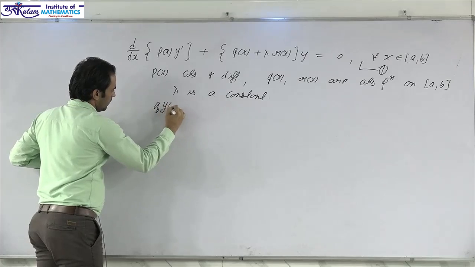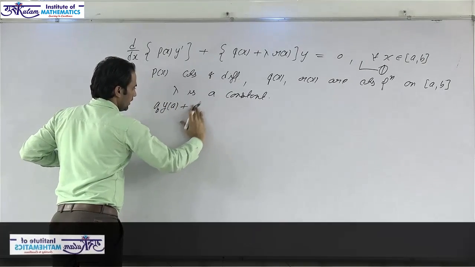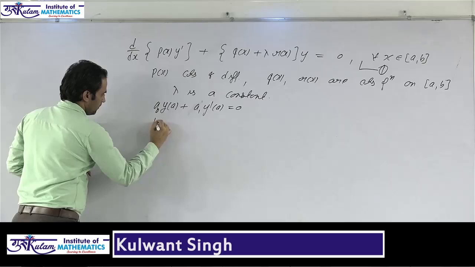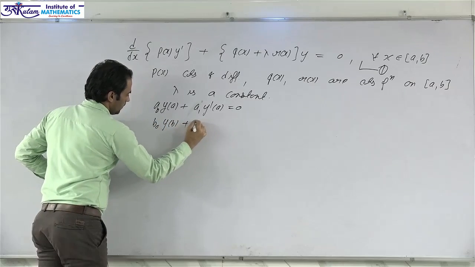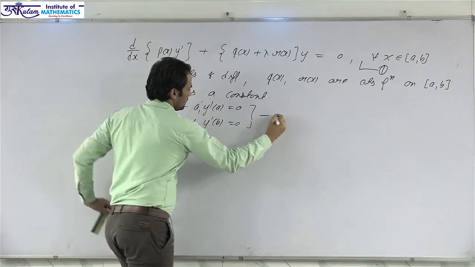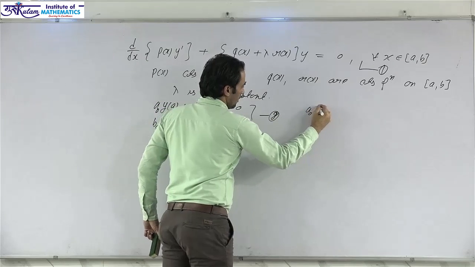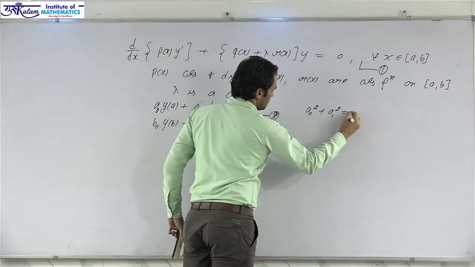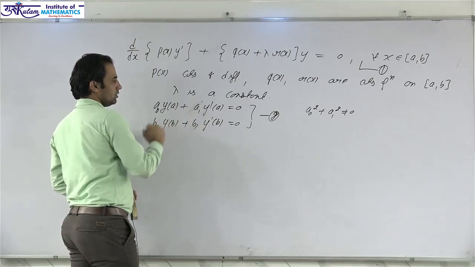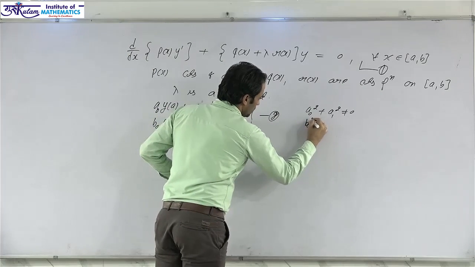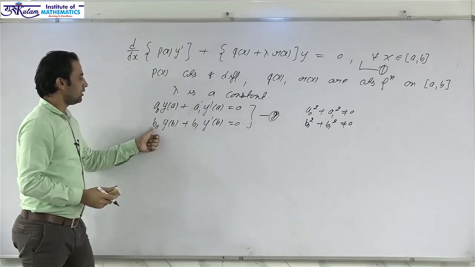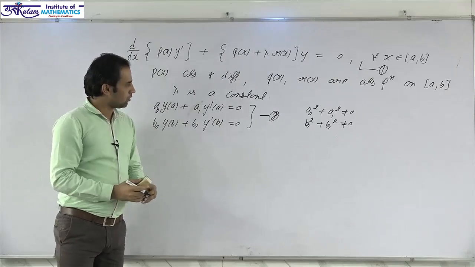Say a naught y at a plus a1 y dash at a is equal to 0, and b naught y at b plus b1 y dash at b is equal to 0, assuming that a naught square plus a1 square is non-zero, that is, at least one of either a naught or a1 is non-zero, and similarly b naught square plus b1 square is not equal to 0, that is, at least one of either b naught or b1 is non-zero.